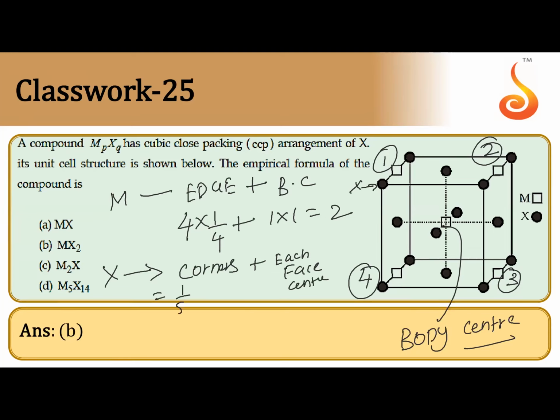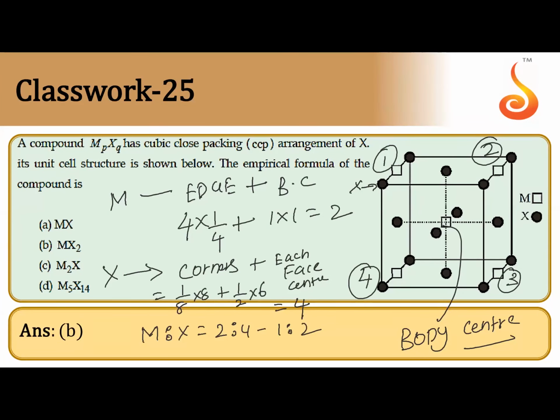Corners means 1 by 8 into 8 is equal to 1. Face center means 1 by 2 into 6, which is 3. 1 plus 3, you will get 4. So M is to X is equal to 2 is to 4, or we can say 1 is to 2.